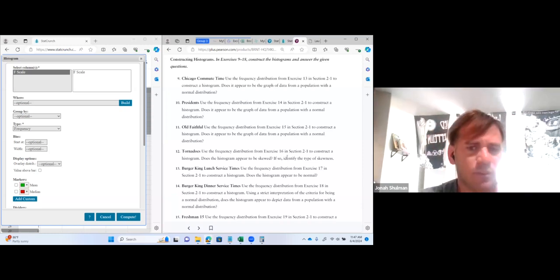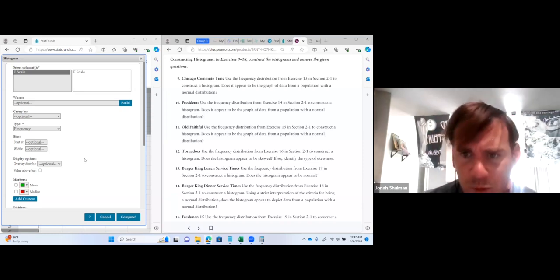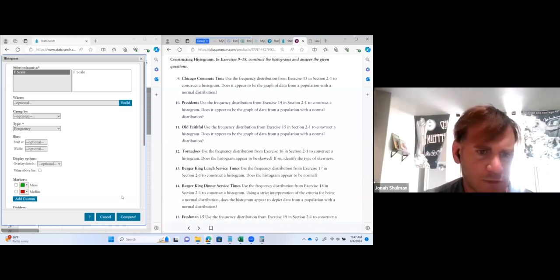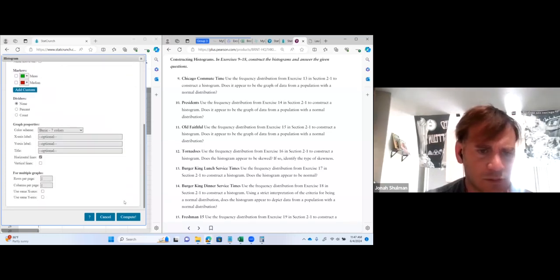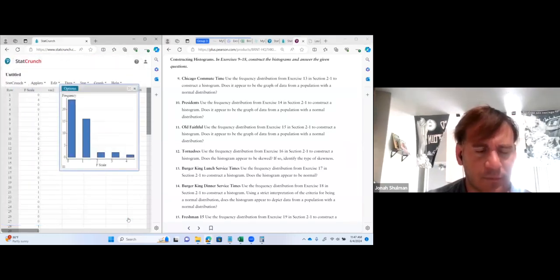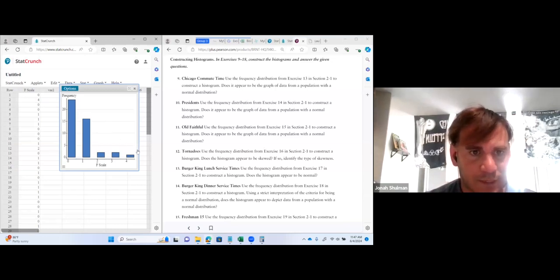It doesn't say what the bin should start at, and they don't say the width. So we'll just let it do it for us. We could make our own, but that's fine. Let's just go to compute.